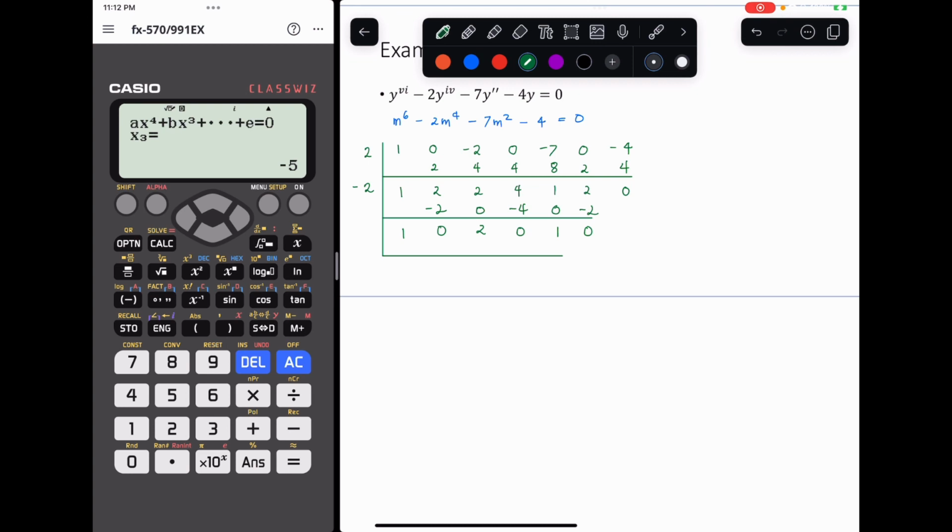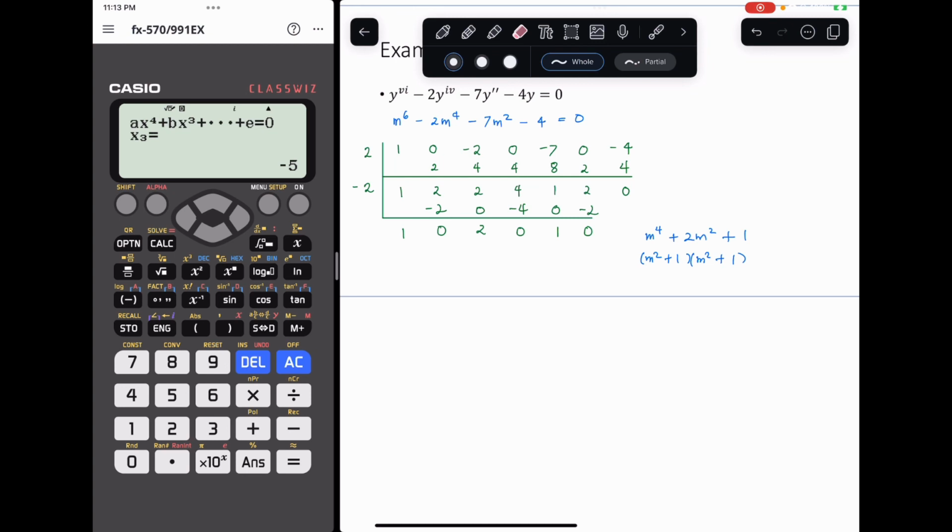So I'll have m to the fourth, m squared, and m. So this is the same as m to the fourth plus 2m squared plus 1. So I think I can factor this as m squared plus 1 times m squared plus 1. Okay, so I'll stop there.